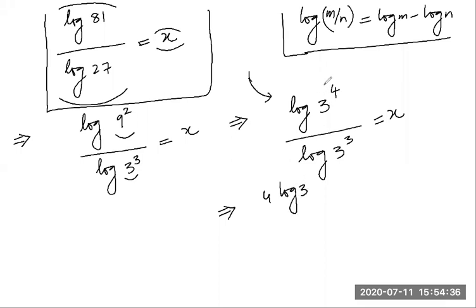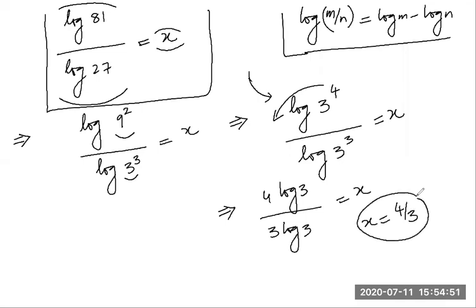Put 4 in the front, and here it is 3 log of 3. Beautiful. 3 log 3 is equal to x. So simply x is equal to 4 by 3. Beautiful. You have done it.